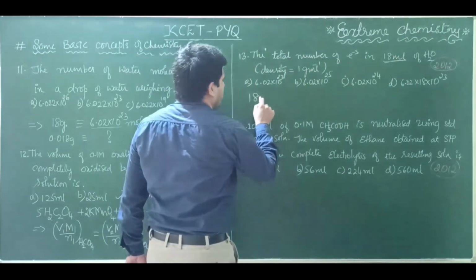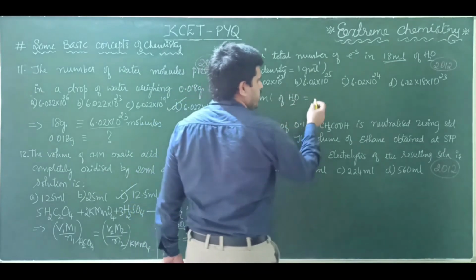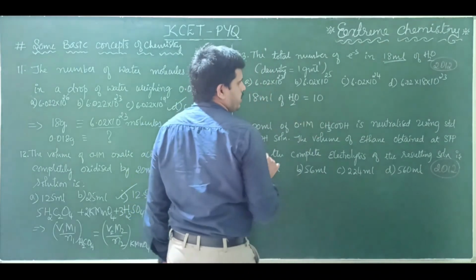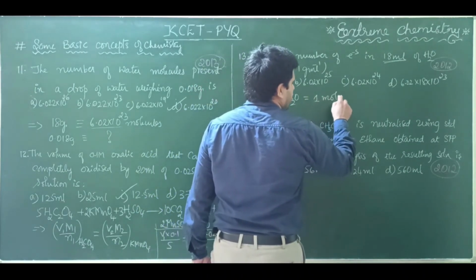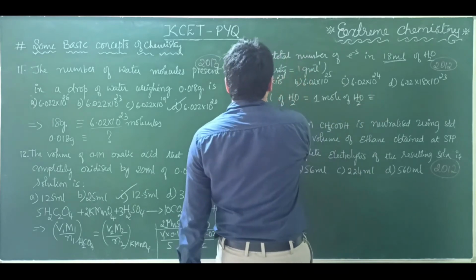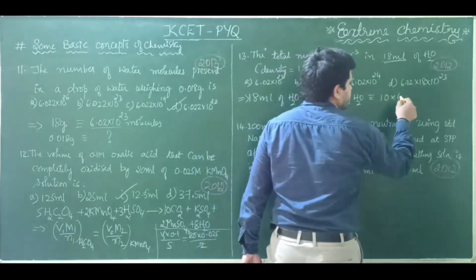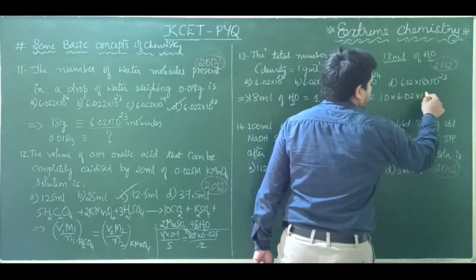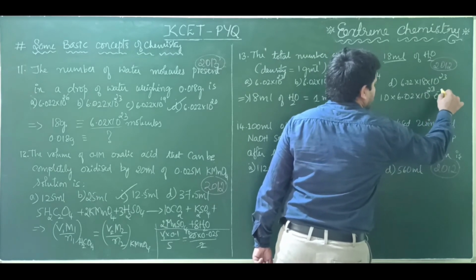So 18 ml of H2O is equal to 1 mole of water. So I can equate that: this is nothing but 10 into 6.02 into 10 to the power 23 electrons. Do you agree?